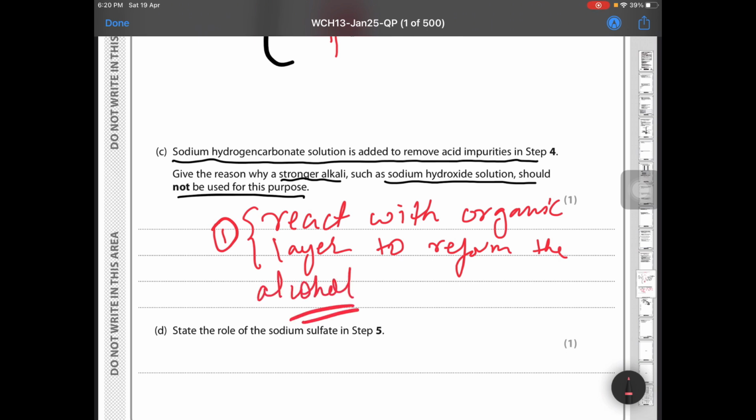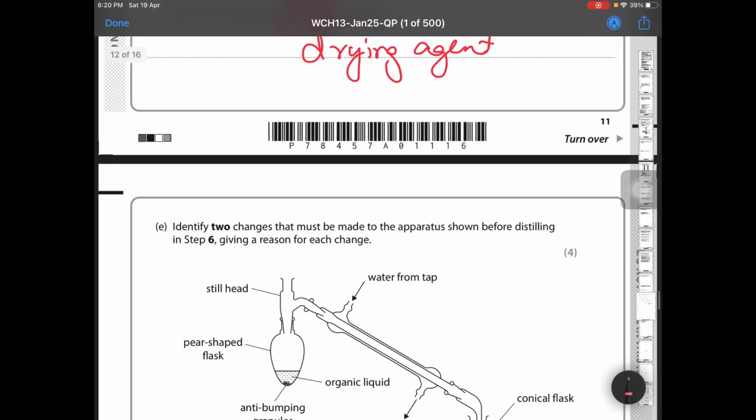Okay, simple, easy, 1 mark. Next, the role of sodium sulfate. The role of anhydrous sodium sulfate is drying agent. If you go through the core practical, they have mentioned anhydrous sodium sulfate.